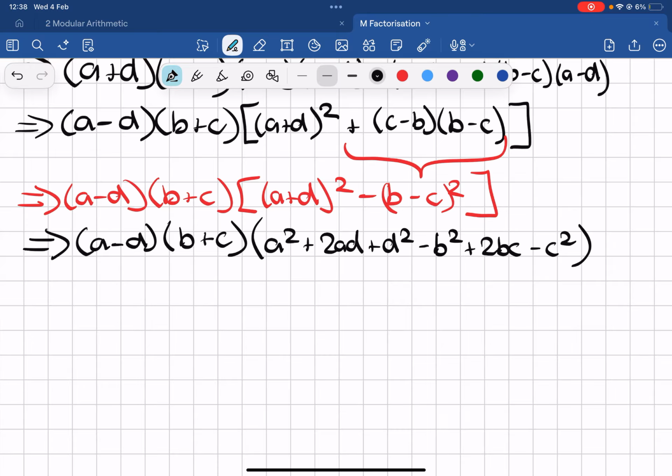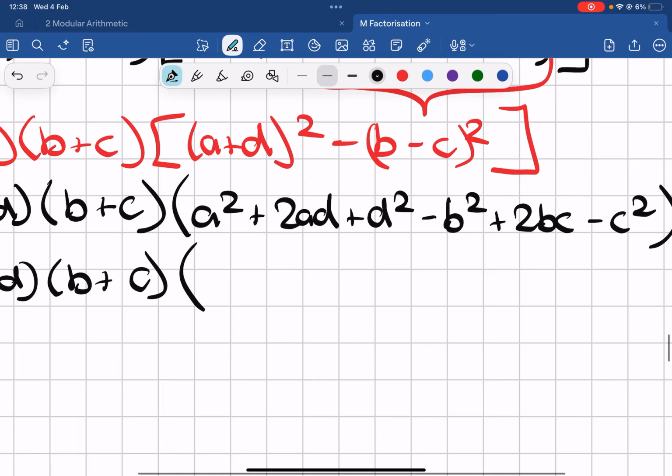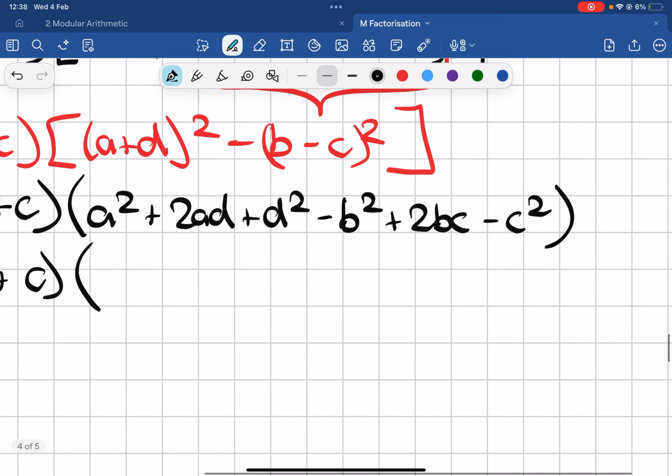Right, so we've got 4 terms which are quadratics, and 2 terms with coefficient 2.